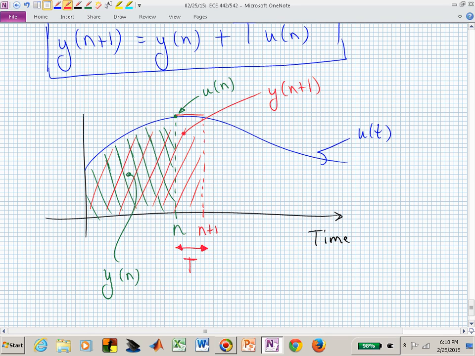It's this rectangle that has a height of u of n and a width of capital T, and I'm adding that little rectangle onto y of n to give me my area underneath that curve. And the smaller capital T is, the better that numerical integration process is at obtaining the area under that curve. Question?